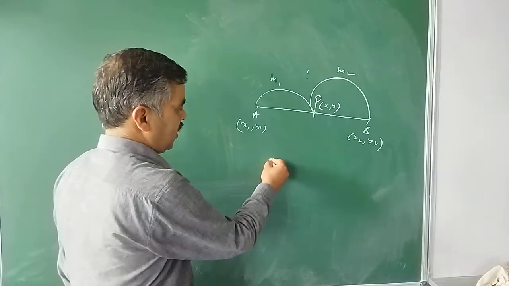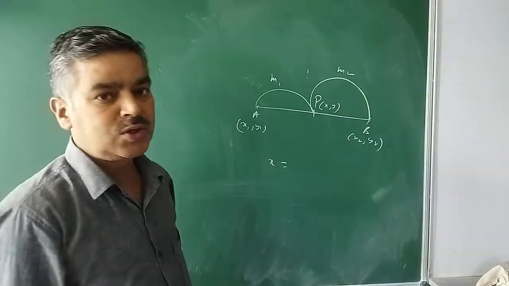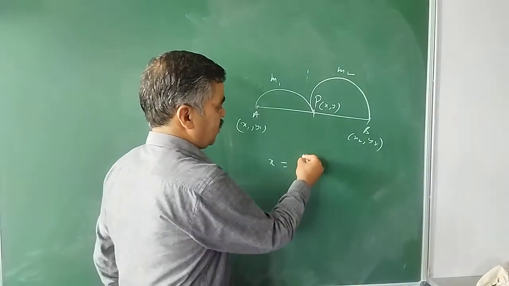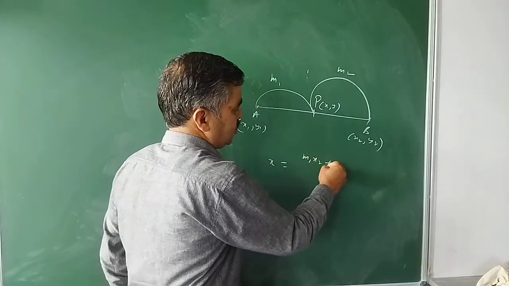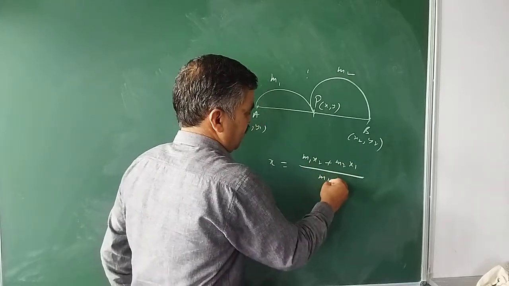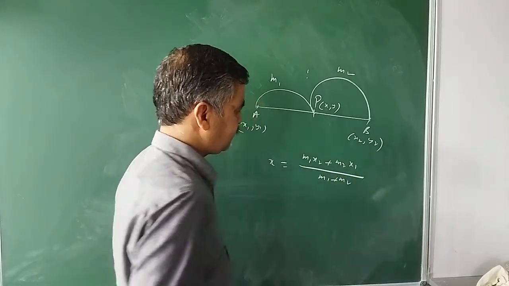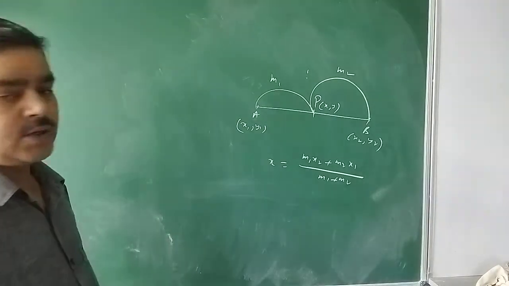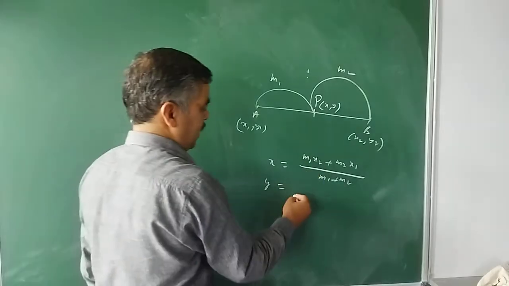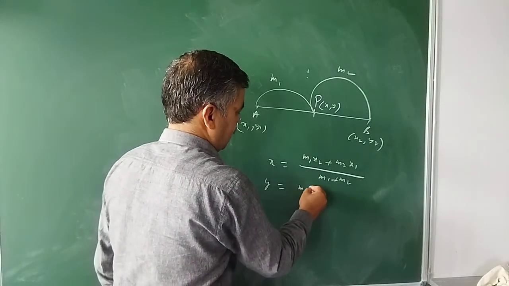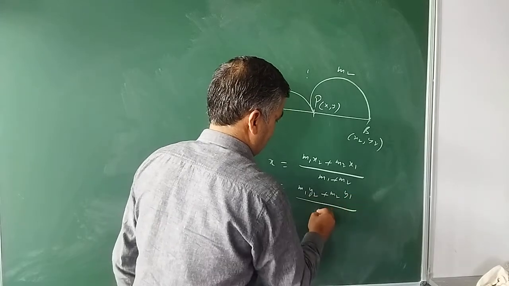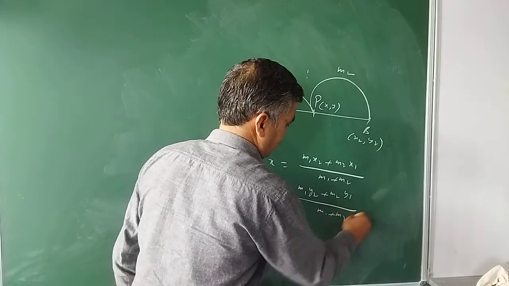So the formula we are using to determine the coordinates of this point is called the section formula. So this is (M1x2 plus M2x1) upon (M1 plus M2) for the x coordinate, and for y you simply have to replace this by y1, y2: (M1y2 plus M2y1) upon (M1 plus M2).